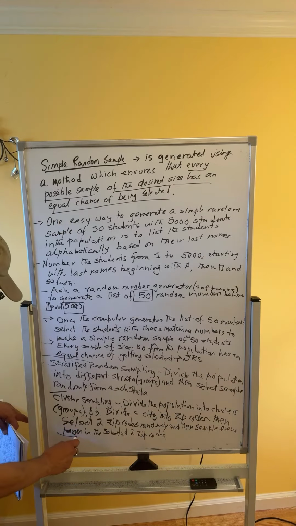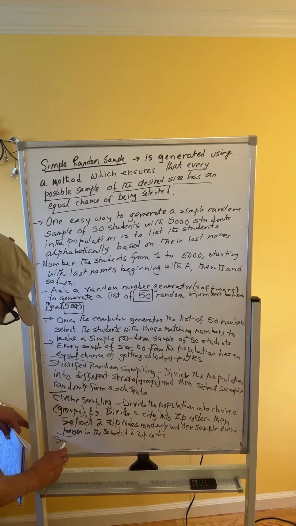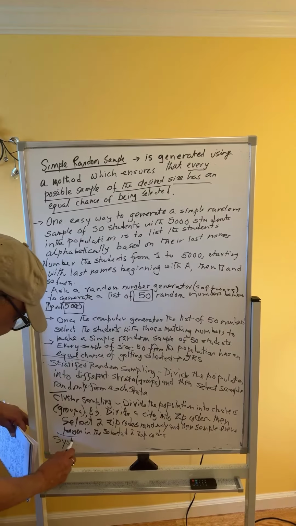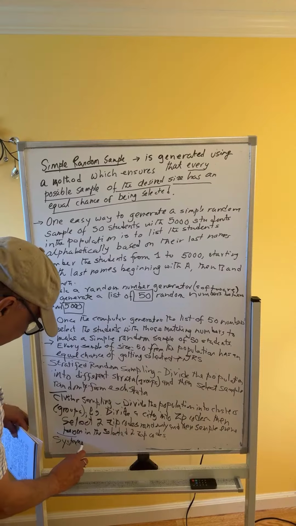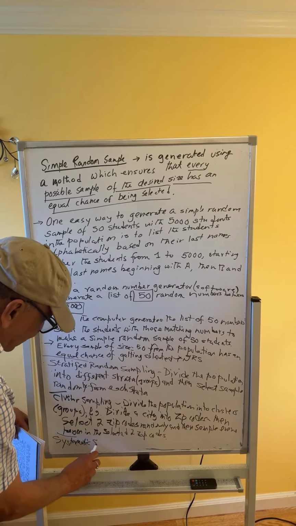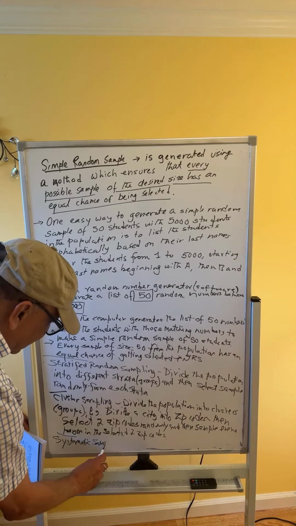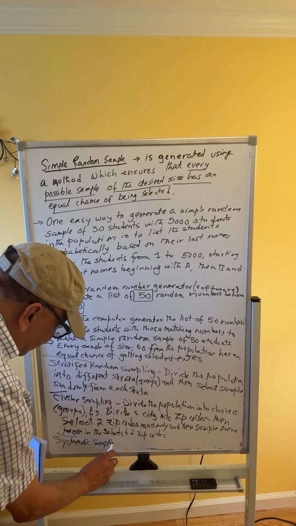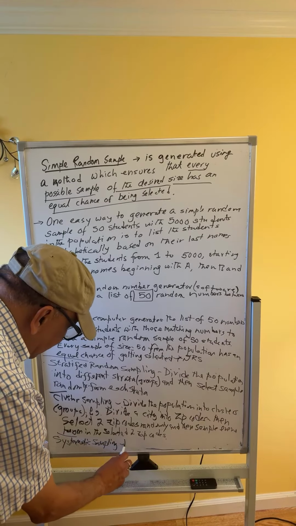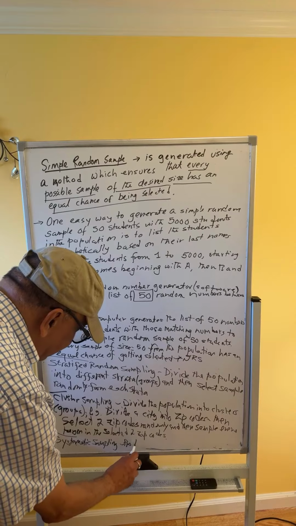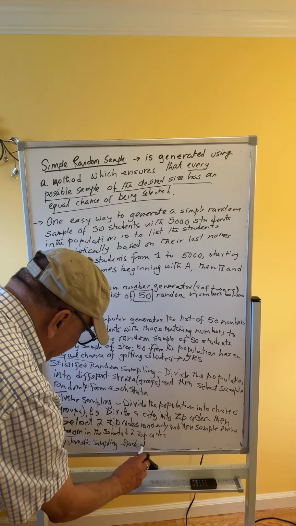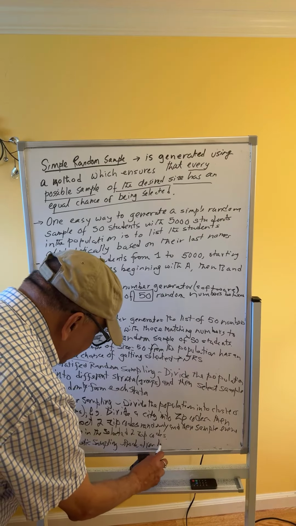The last one is systematic sampling. This can be done. An example of that is a production line of cars.